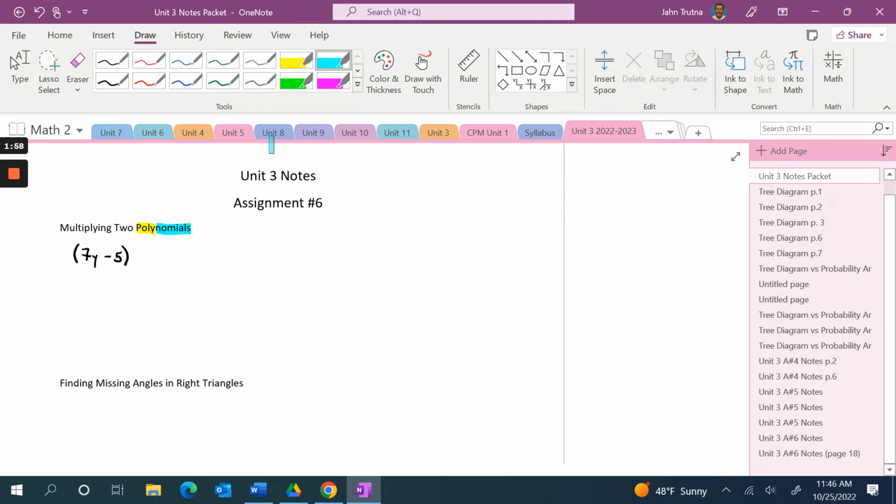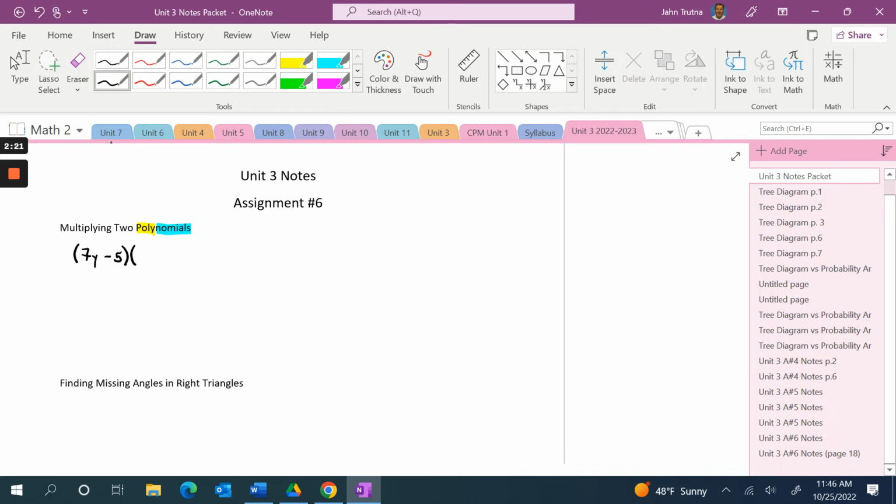So polynomial literally refers to many different numbers. Okay, so 7x minus 5 is what we call a binomial. It's got two different numbers, or numerical values, the 7x and the 5. Notice that those two are completely different. So that is a binomial.